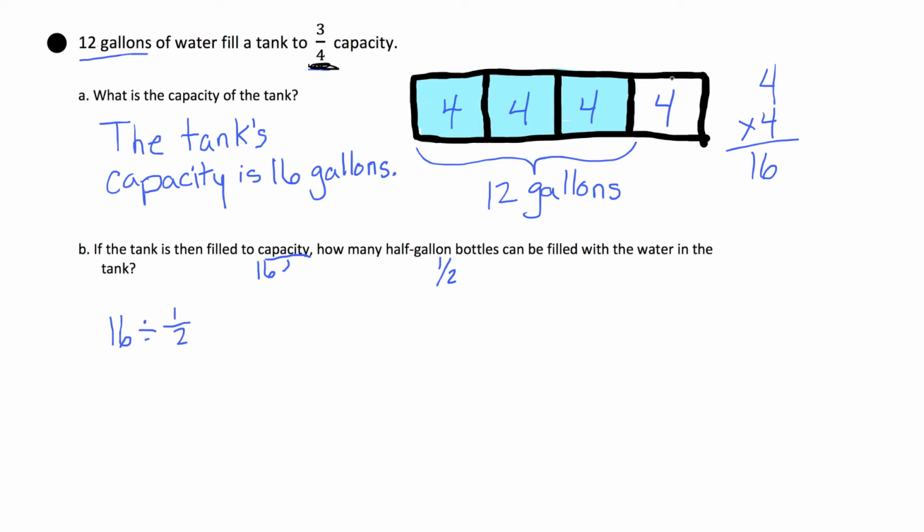So let's take our original model for part A and let's expand it. It's going to be the same idea. It's going to be 16 gallons, 4 units of 4, except that we're going to drill down and make it a little finer so we get to see a little bit more detail.